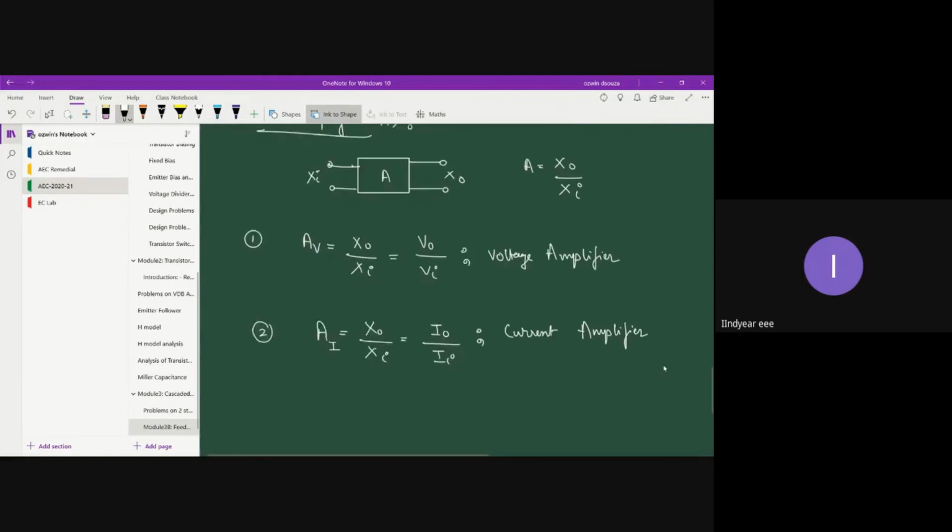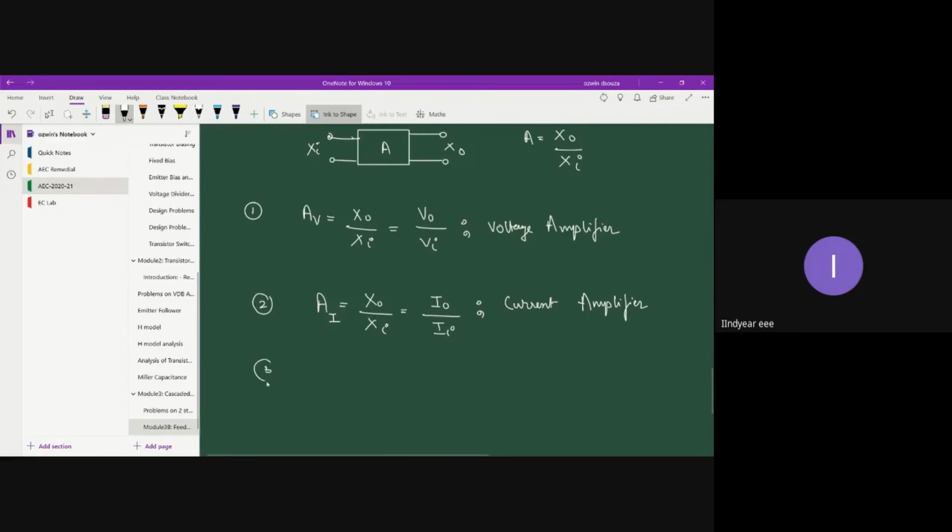Now comes the crazy part. Third type: you can take out the gain by taking X0 as V0 and Xi as Ii. So basically it is a voltage to current ratio.